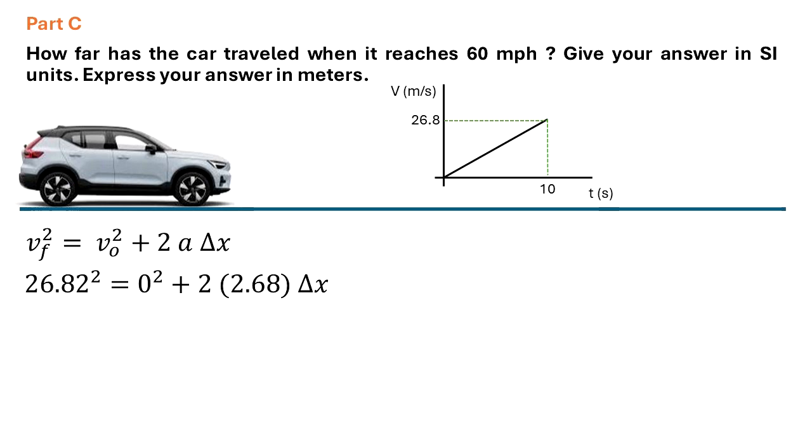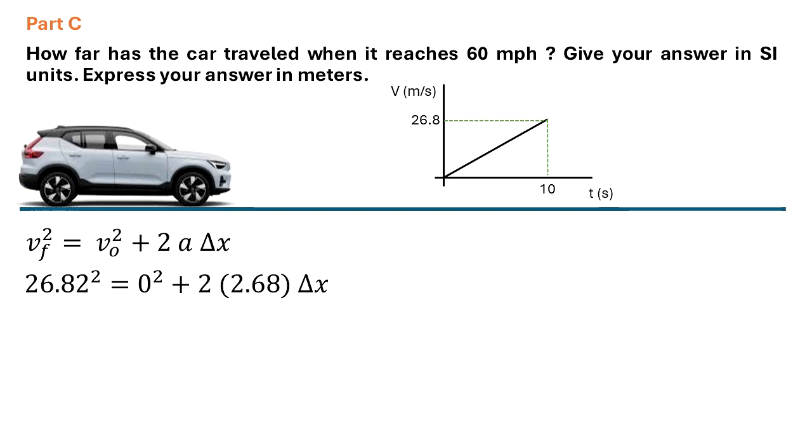with kinematic equations. We know that v final squared is equal to v initial squared plus 2 times the acceleration times delta x. The final velocity is 26.82. The initial velocity is equal to 0 from the givens, plus 2 times 2.68, that's the acceleration that we found in the first part of this problem.